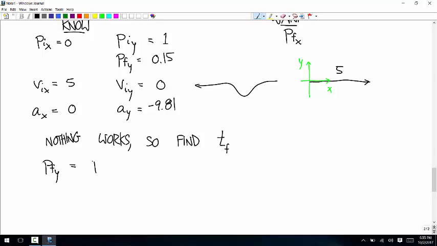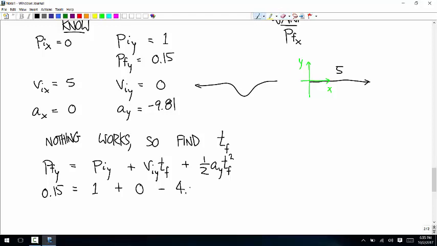PFY is equal to PIY plus VIY T final plus 1/2 AY T final squared. So 0.15 is equal to 1 plus VIY is 0, so that whole term is 0, minus 4.905 T final squared.